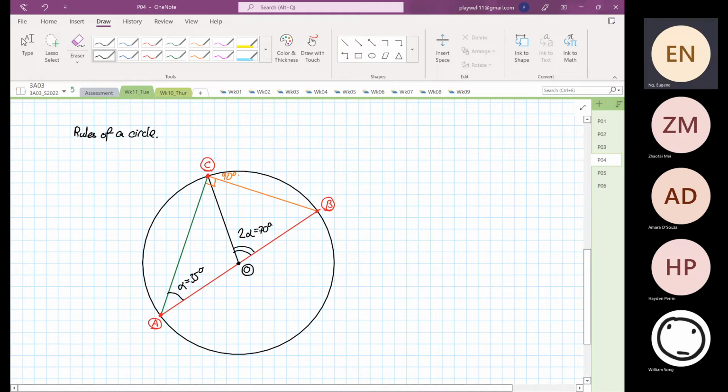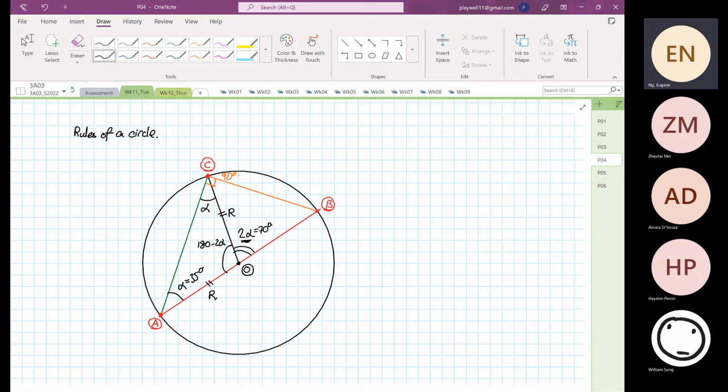Why is that? This angle over here is also alpha because these two distances are radii. And this angle over here is equal to 180 minus 2 alpha, so this angle here is 2 alpha. This is what we call the rules of the circle.